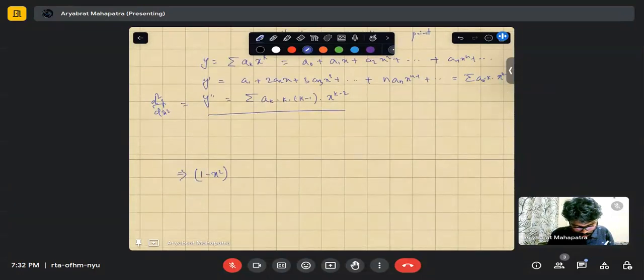So you will substitute this, summation ak k times k minus 1 x to the k minus 2, minus x summation ak k x to the k minus 1, plus 4 summation ak x to the k equals 0.